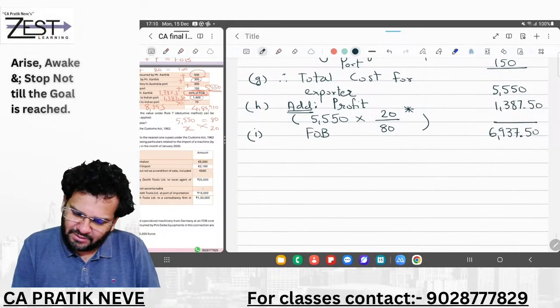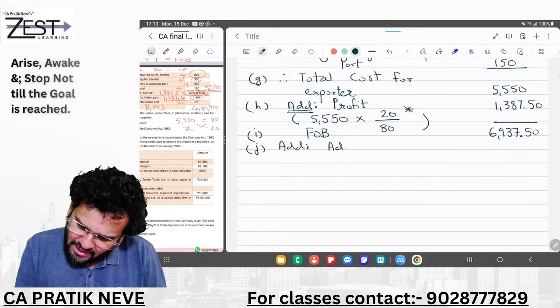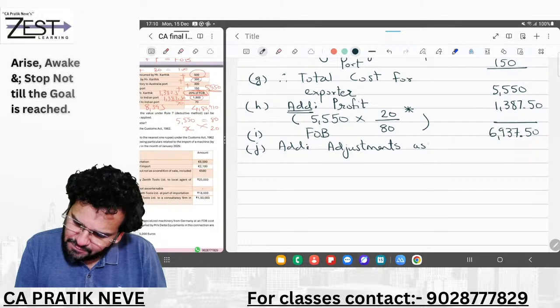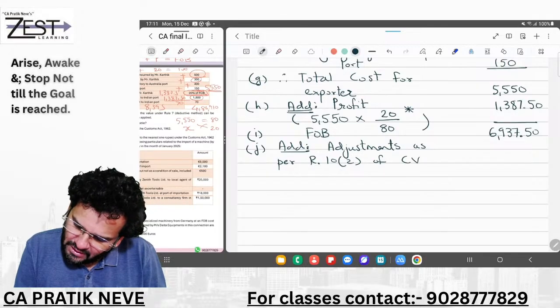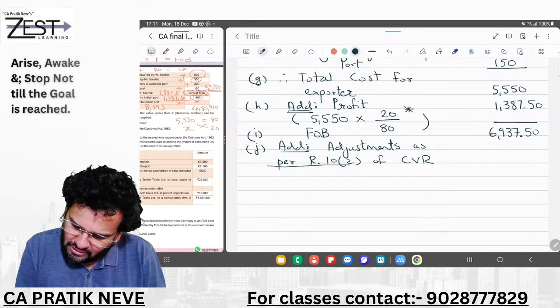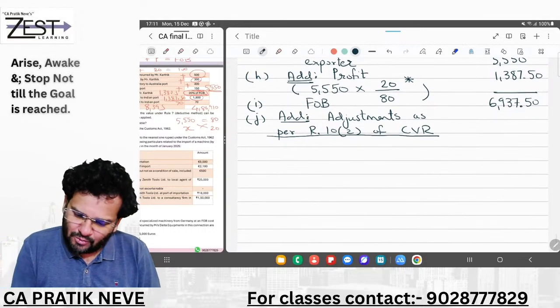Free on board price. Add adjustments as per rule 10(2) of customs valuation rules.